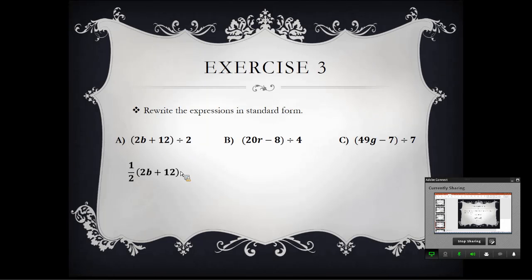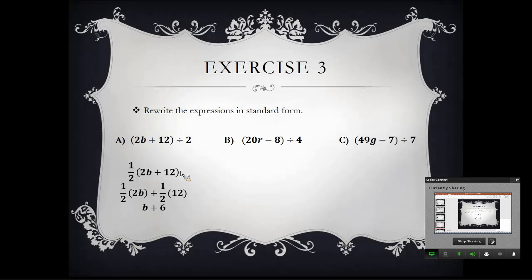So 1/2 times 2b plus 12. So first we're going to multiply the 1/2 to 2b and then multiply the 1/2 to 12. When we do that, 1/2 times 2 becomes 1, so b. 1/2 times 12 is 6. So our final answer for part A is b plus 6.